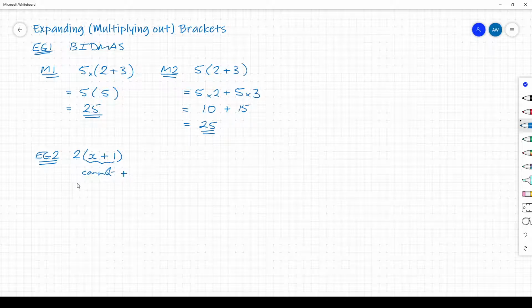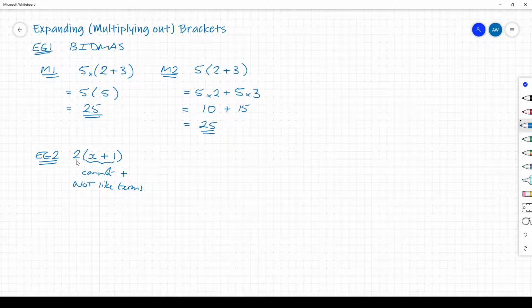Why? Because they're not like terms. That's something we learned in the video collecting like terms. We cannot add x and 1. We can add x and other x's. We can add numbers with numbers like we did up here. But we can't add x and 1. So we can't use BIDMAS here. We can't use method 1. We can't add those up and then multiply by 2.